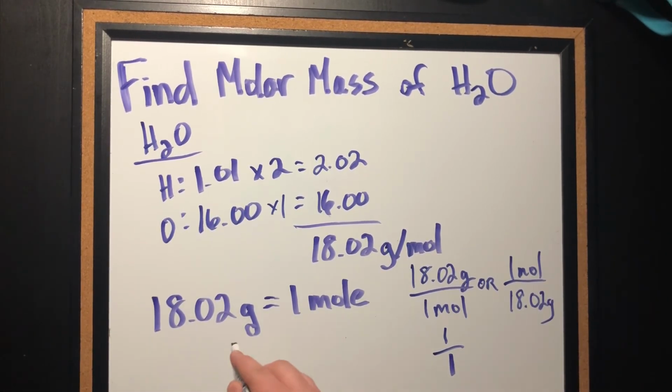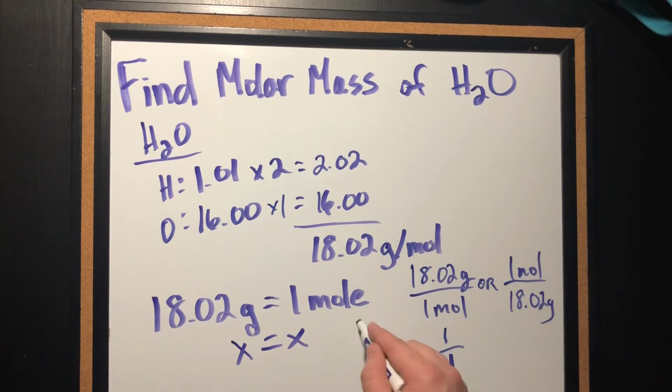It's like saying I have x equals x. They're the same. These are the same value. And what happens when you divide something by itself? You end up getting 1. So that's why you can use conversion factors to convert 1 unit into another unit, because you're essentially just multiplying by 1.